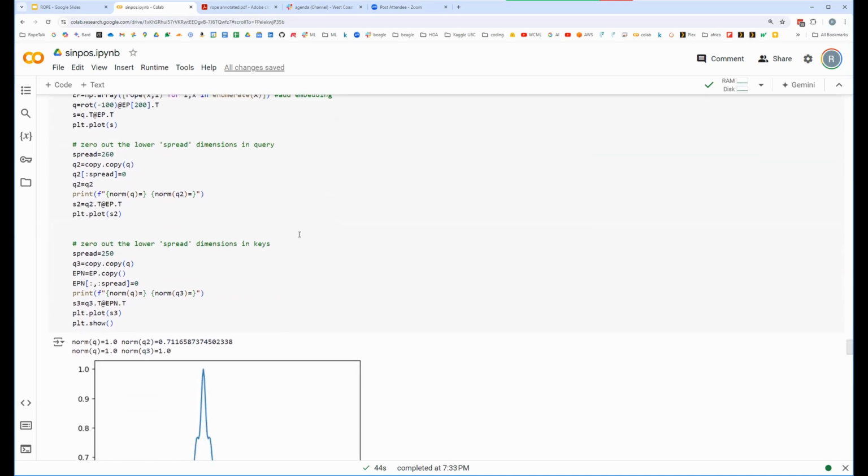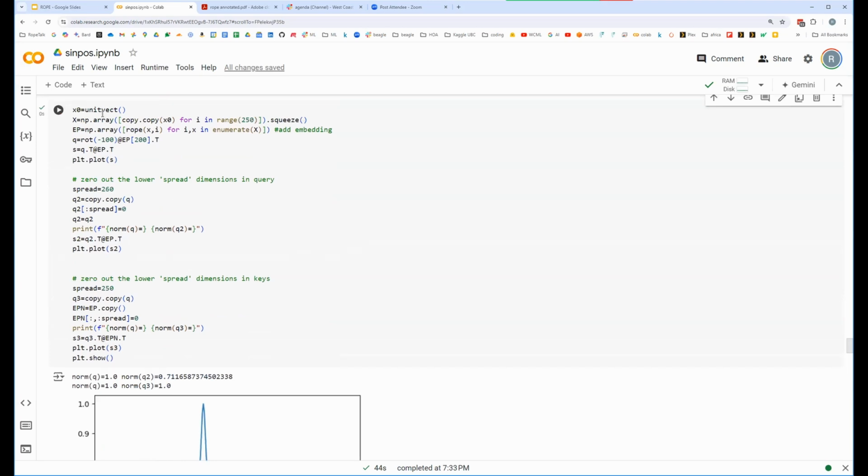What we tried then is, here's our reference, which is just a query back 100 like we've seen before. But what we're going to do is take that same query vector and zero out the first n dimensions, where spread right now is 260. We're doing that to the query.